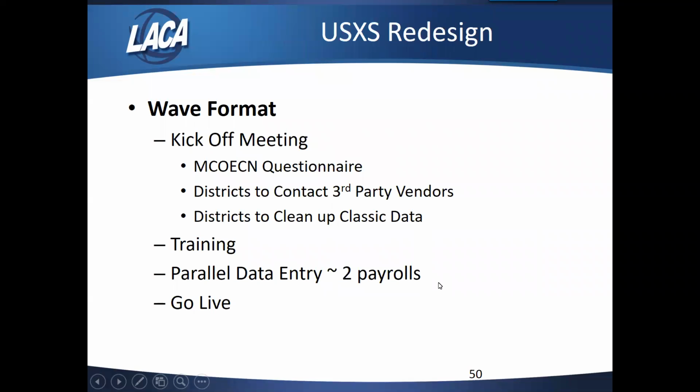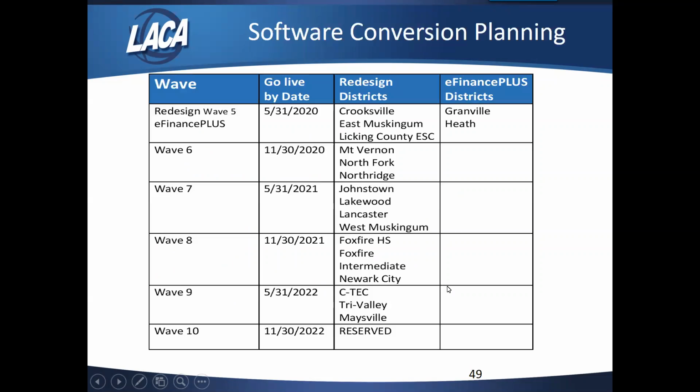We did reserve the final wave, wave 10, for emergencies, whether they were staffing emergencies or any kind of emergency. We just thought we'd better prepare for that, as well as it'll give us a chance to convert districts that may have gone EFP, so we can preserve their data.